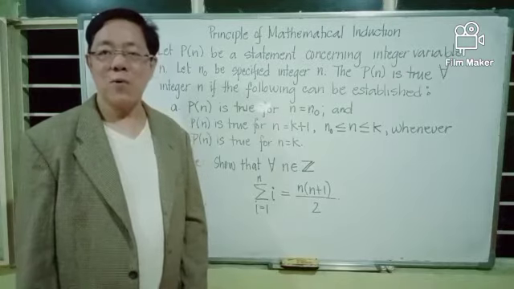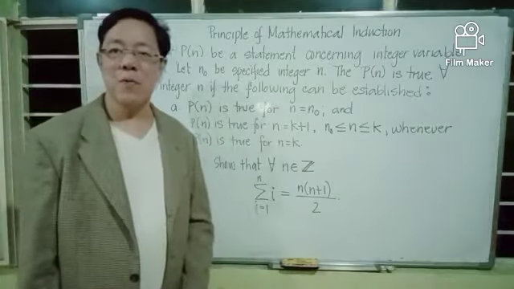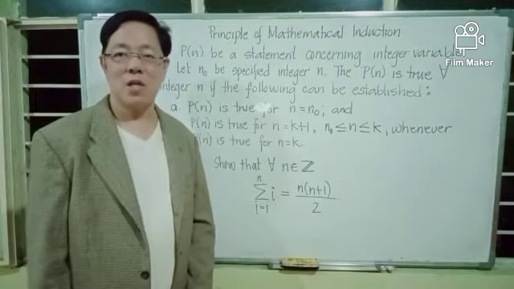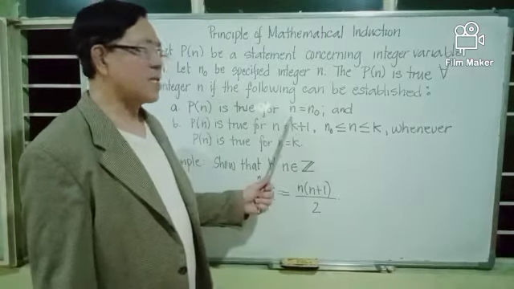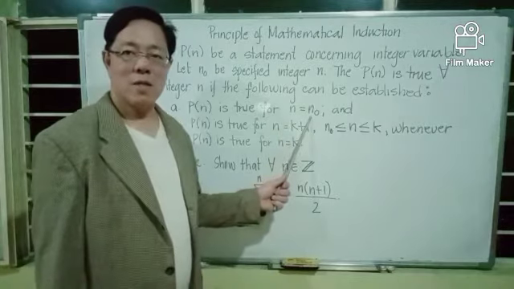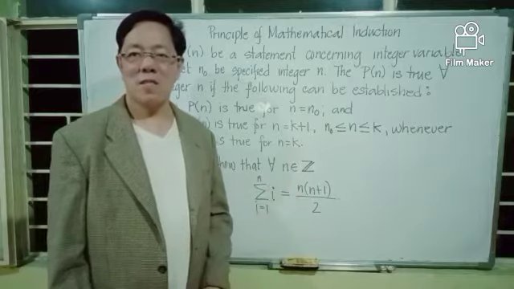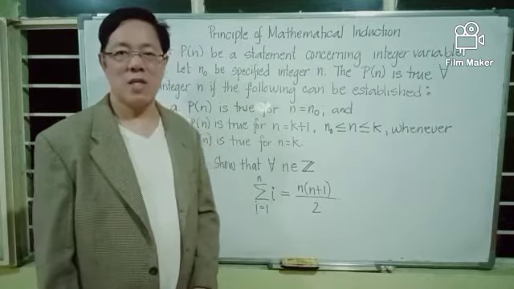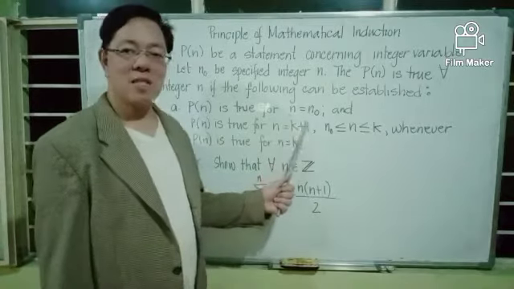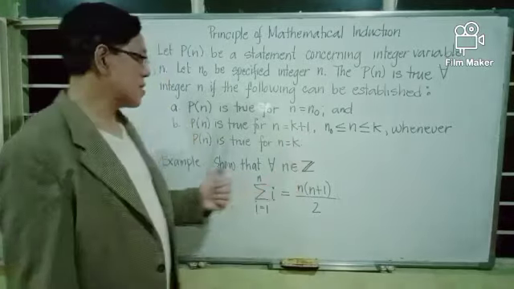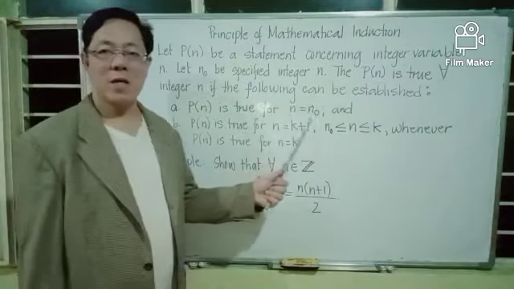If you want to show that the given statement P of n is true for the set of natural numbers, or the set of positive integers, then we usually take n sub 0 as 1, because 1 is the smallest positive integer, or the least element of the set of natural numbers. So in the first step, we will show that P of n is true for n equals 1.